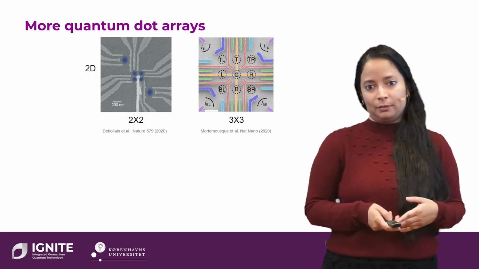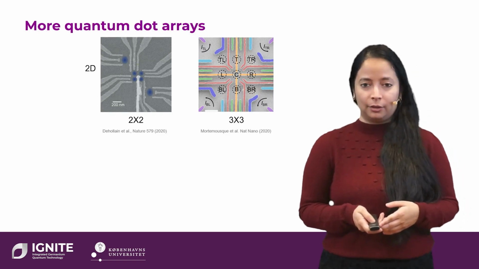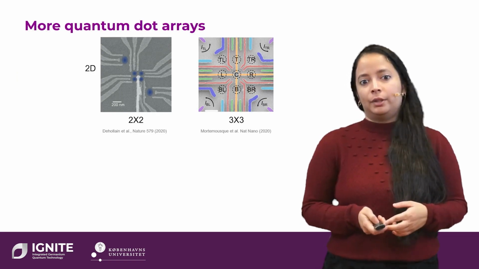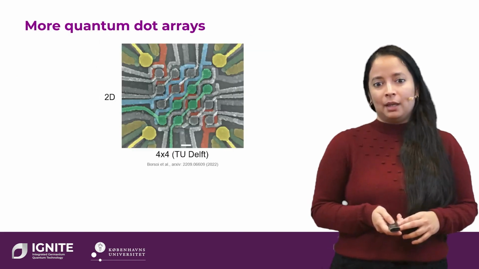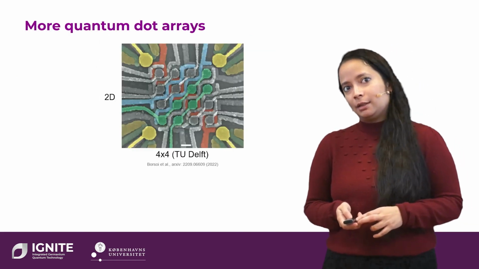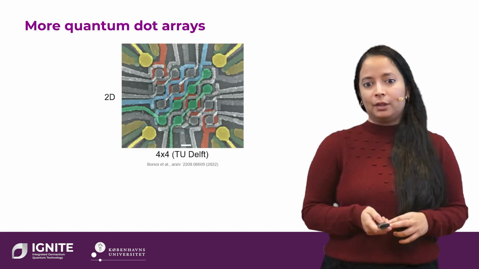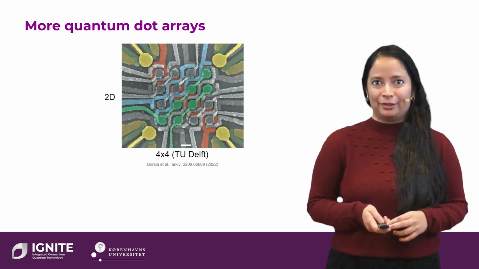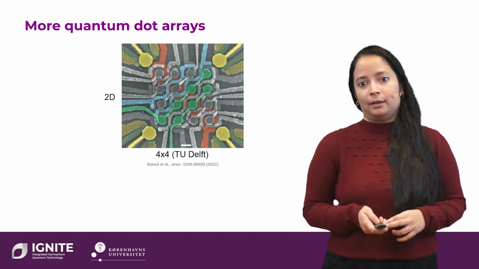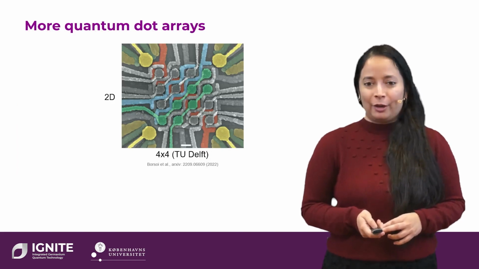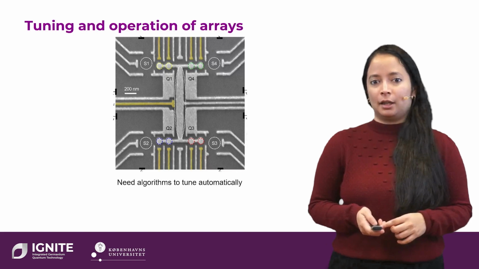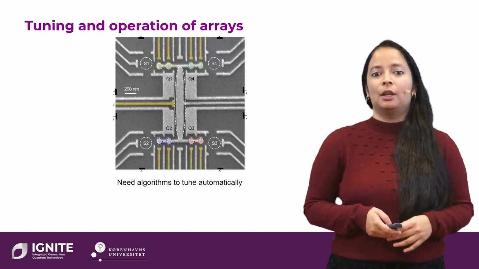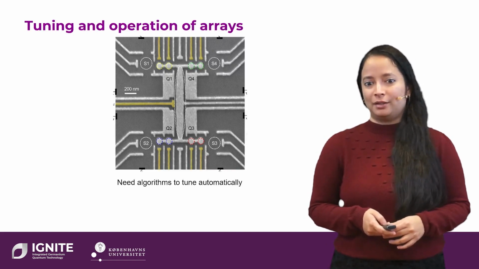There's a device from Delft and a device from Grenoble here, which encode 2x2 and 3x2, 3x3 arrays. And if you look at a recent array, again from Delft, there is a 4x4 array of quantum dots, and this is, again, quite a complex device. So I hope it is clear that it really needs efficient and fast algorithms to tune such quantum devices automatically.